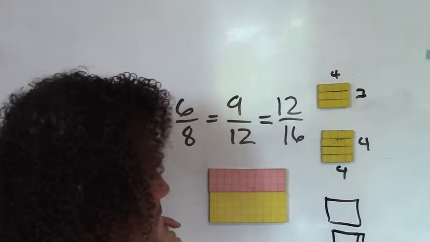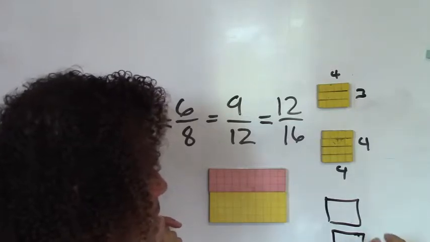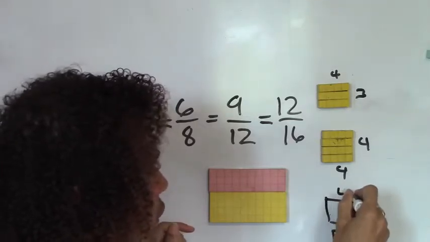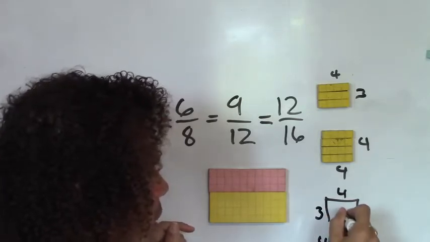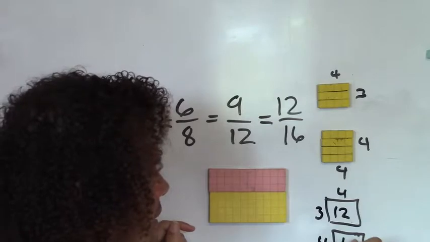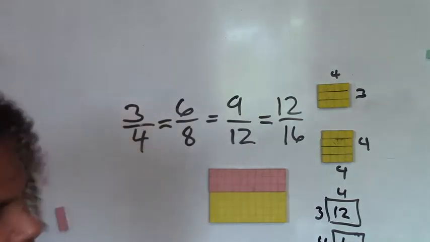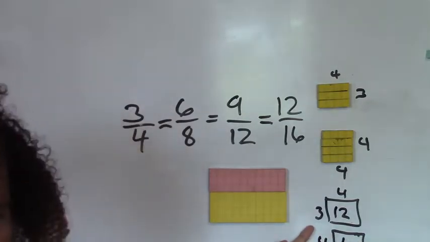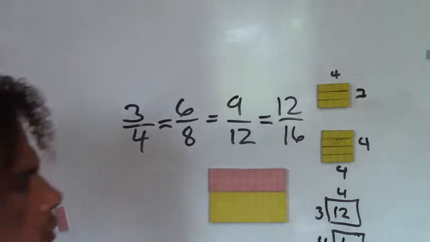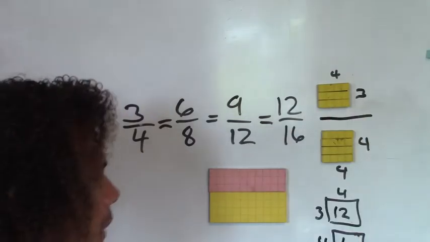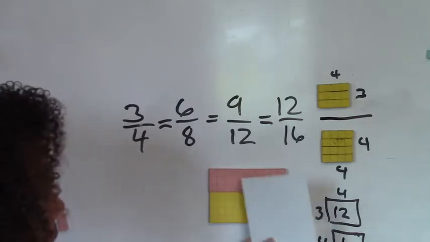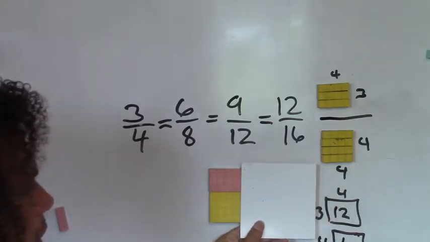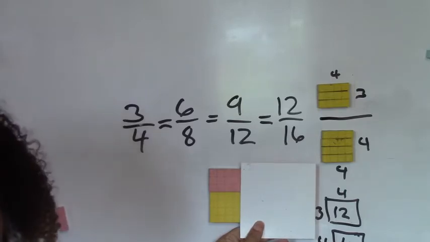This is 4, this is 4, this is 3, this is 4, this is 12, this is 16. You see my drawing? And my drawing is just this. I should put a line here. That's all I did, just take a piece of this, so we don't have the whole thing here. We just have 4 till there. Am I making sense? Yeah.